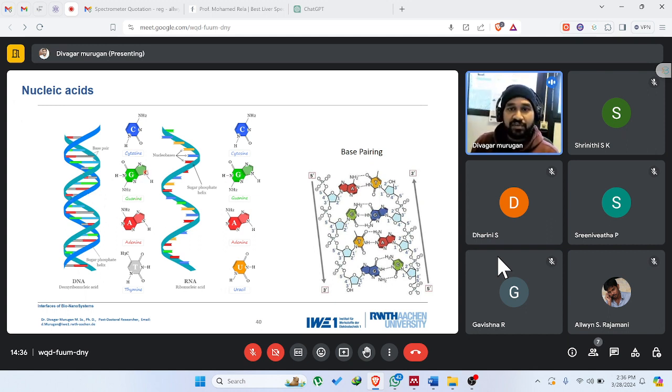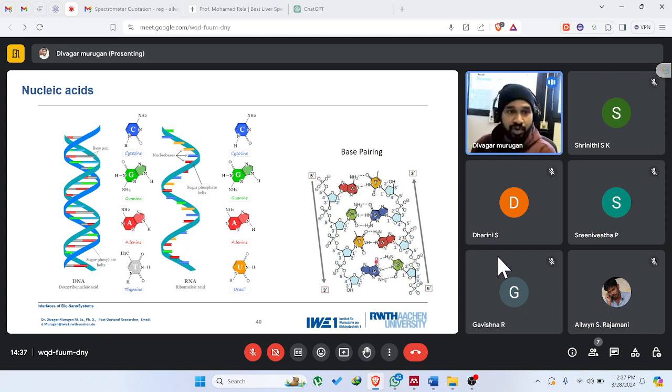Here, the specificity comes with base pairing. For example, these are the different bases: adenine, thymine, guanine, and cytosine. So there always exists a specificity. For example, A always pairs with T, and C always pairs with G. This kind of specificity does not change at any time. That's why nucleic acid material is used as a biorecognition element, given that the interaction is more specific, and it can be controlled.